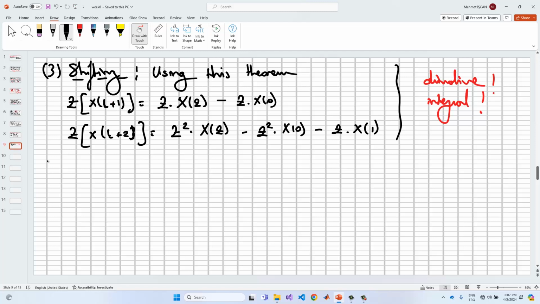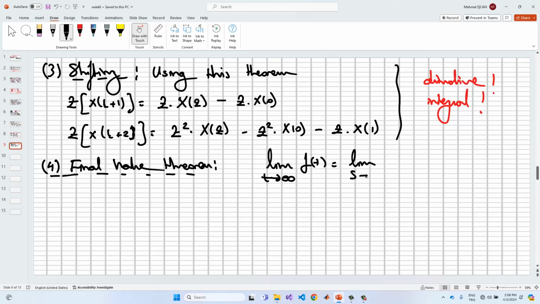Okay, and so another property is that we have the final value theorem. Just like in the S domain, we have the condition that the limit as t goes to infinity of f(t) can be represented as the limit as s goes to 0 of s times F(s), right?